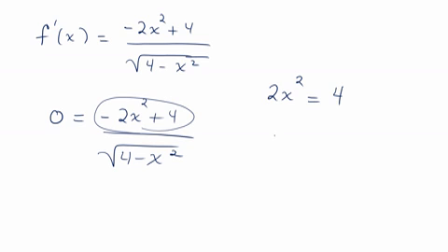Dividing both sides by 2, we get x squared is equal to 2. x is equal to plus or minus the square root of 2. Therefore, we have a maximum value at x equals root 2, and we have a minimum value at x equals negative square root of 2.